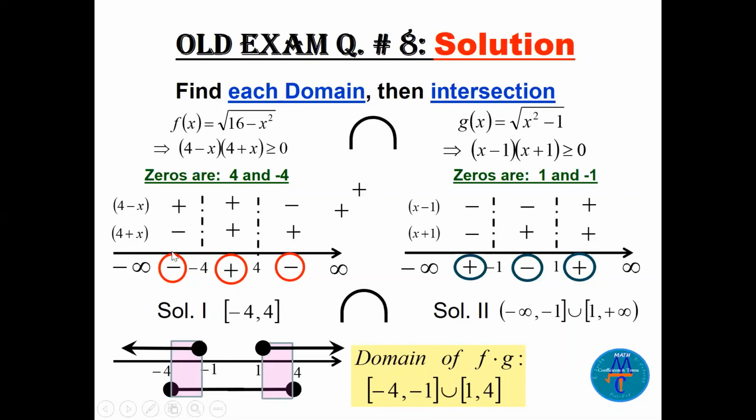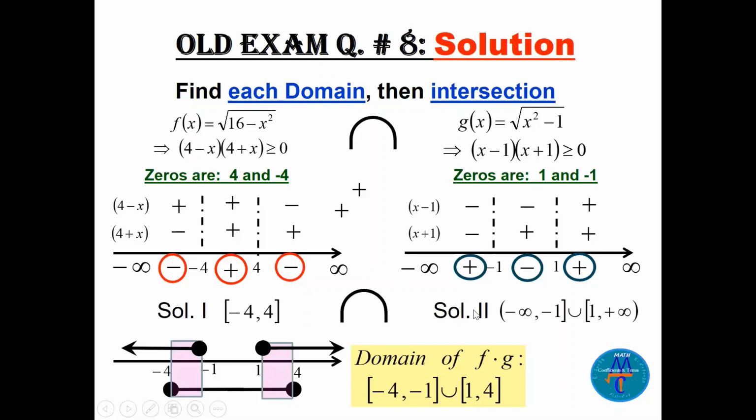Choose a number there, let's say minus 10, remember? So this is plus and minus. Here you choose 0, plus and plus. Here you choose, let's say 50. Then when you multiply, you get minus, plus, and minus. So solution 1, which is the domain of this function f, will be from -4 to 4.